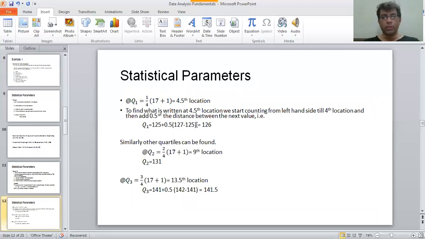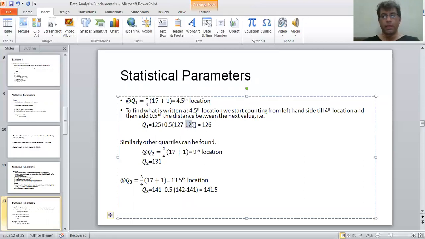At fourth it is written 125, and at fifth it is written 127. So the distance between the two is 127 minus 125, and 0.5 of it can be found by multiplying this distance with 0.5. Whatever the answer comes out, we add it to the one that is present at the fourth position.